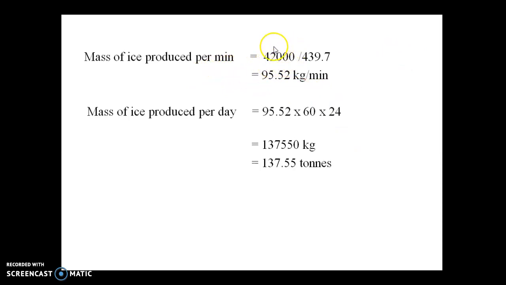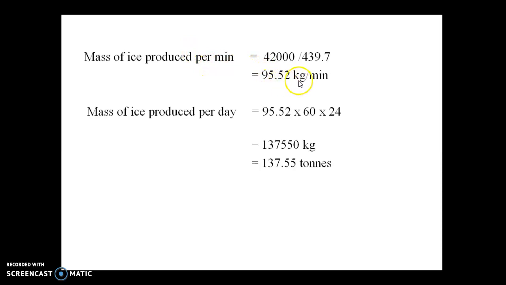42,000 is the refrigeration capacity in kilojoule per minute. 439.7 is the amount of heat that must be removed to convert 1 kilogram of water into ice. So we divide this 42,000 by 439.7. We get 95.52.